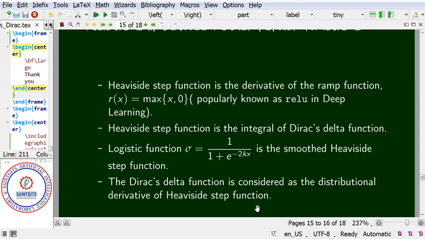So if we consider Heaviside step function and take the distributional derivative, we get the Dirac delta function. This wonderful relationship between Dirac delta function and Heaviside step function makes use of Laplace transform and also Fourier transform.